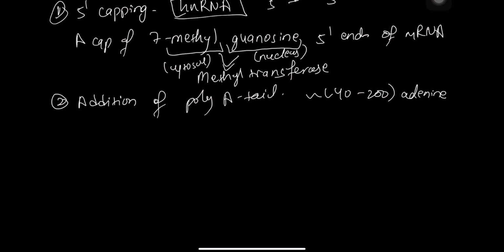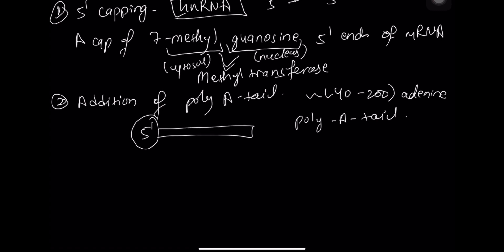These nucleotides will be added at the 3' end of our mRNA, so it is called a poly-A tail. So here there will be the 5' cap and there will be a tail with a lot of adenine. The function of this polyadenylation is also to stabilize the mRNA and to facilitate exit of the mRNA from the nucleus to the cytosol.